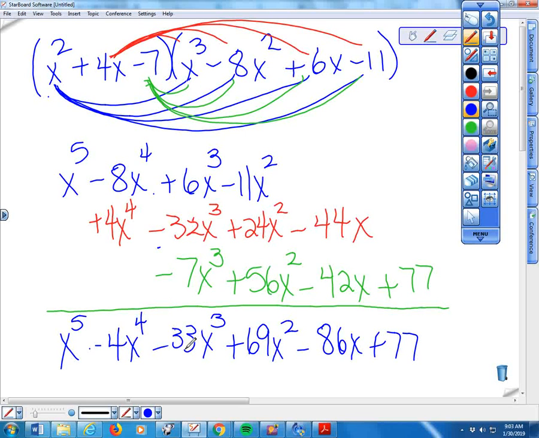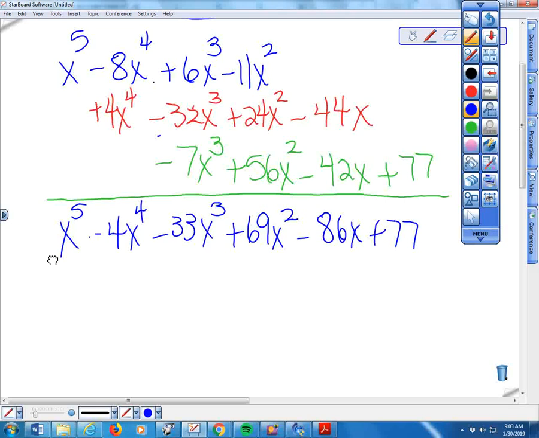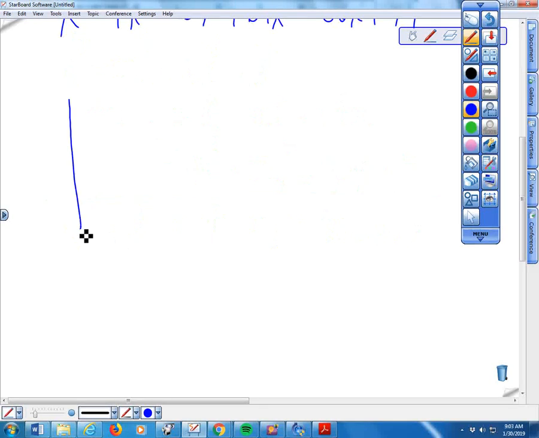Okay, now let's do the box method with the same problem. So what I'm going to do is write my terms. I have x squared plus 4x minus 7 down the left.